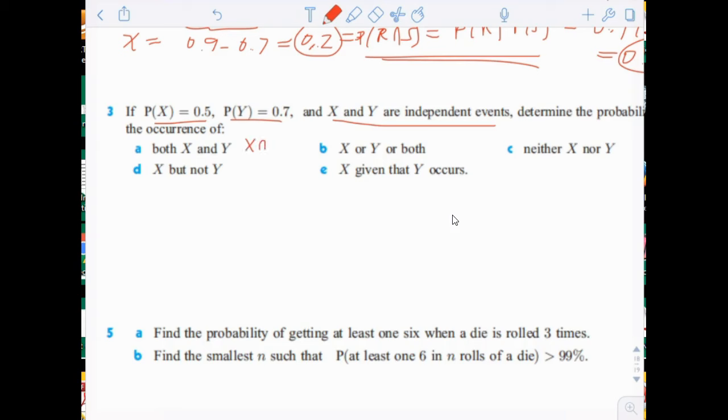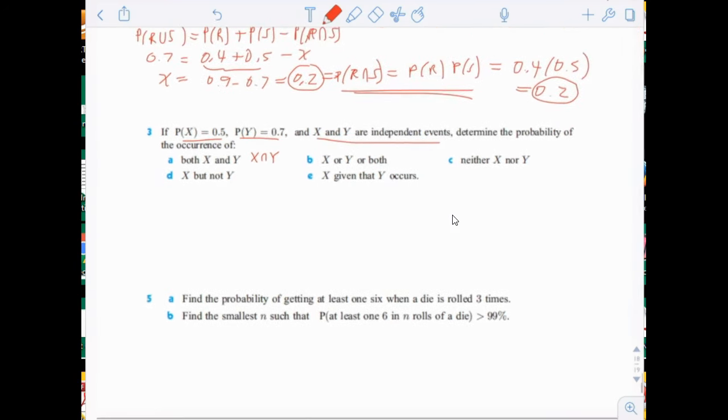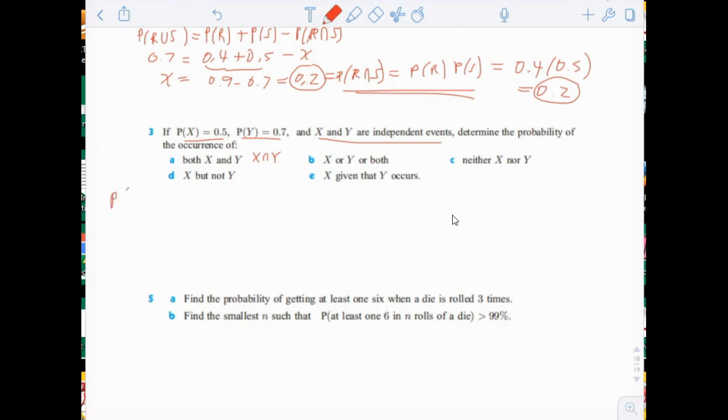So that would be X intersect Y. Knowing that they're independent events, the probability of X intersect Y is equal to the probability of X times the probability of Y, which is equal to 0.5 times 0.7, which is equal to 0.35. Okay, that's A.